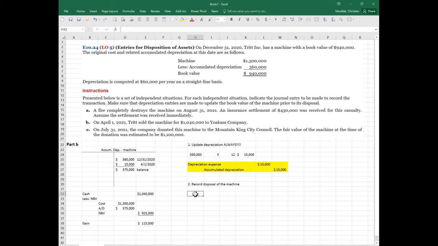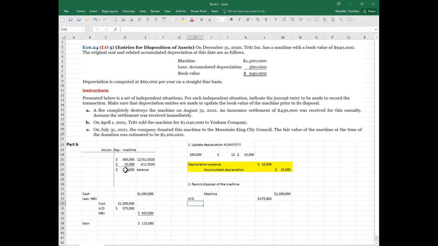All right, so we know that we've got a gain, and we now know all the pieces for our journal entries. So we're going to record, and again, I'm not doing these in particularly good form, I'm doing these in good logical form. So we have to take the machine off our books, and that's going to be $1.3 million. We have to take the accumulated depreciation off our books, and that's going to be the $375,000.